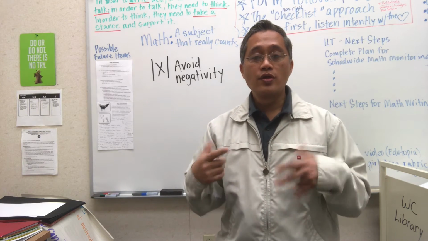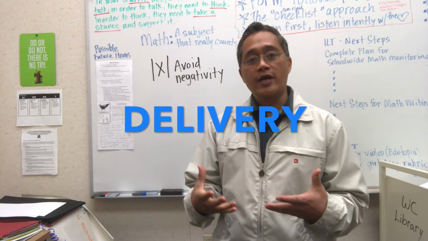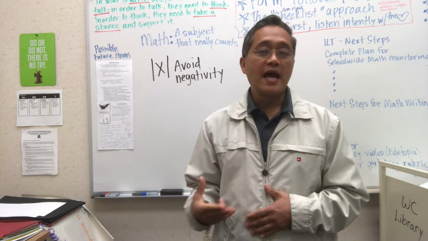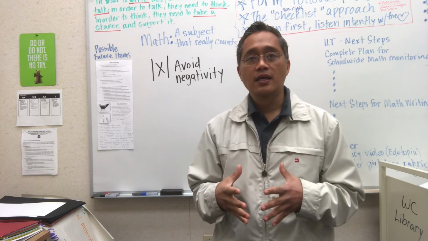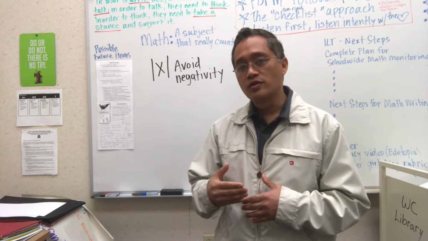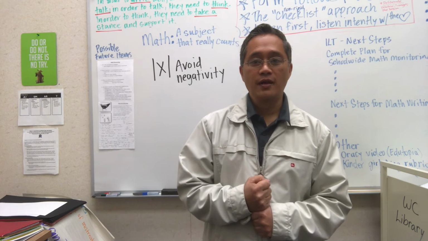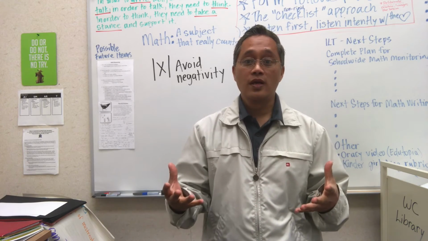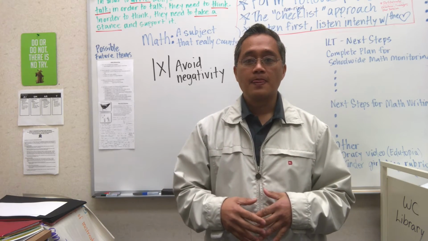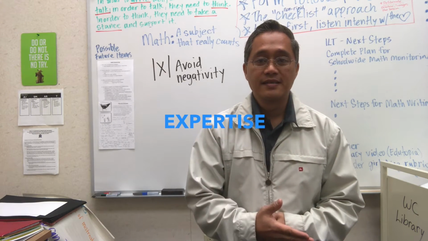Okay, so the next area to consider is delivery. And the question to ask is, as I deliver instruction related to math writing, what is essential for my students to aim for? I think the key aspect of your delivery with math writing, or anything else really in your curriculum, is to aim for expertise.